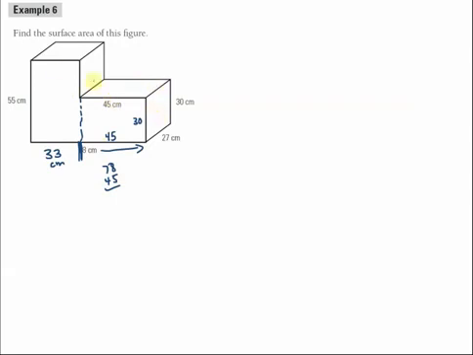We're also going to need the height of this one, which totally is 55. But we've already got 30 up to here, so 55 minus 30 is 25 this direction. And we have that as 27. We have this as 33, so we've got all the possible dimensions.